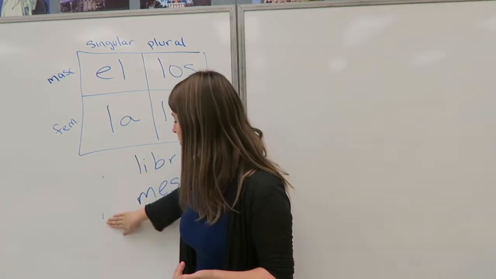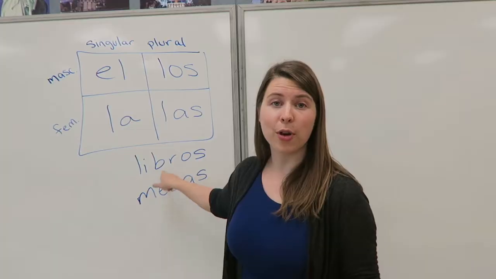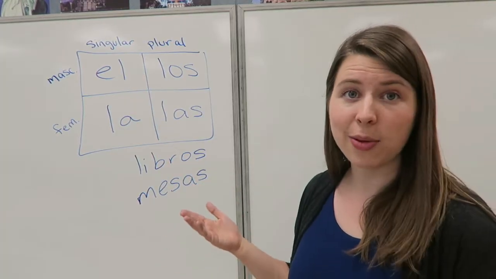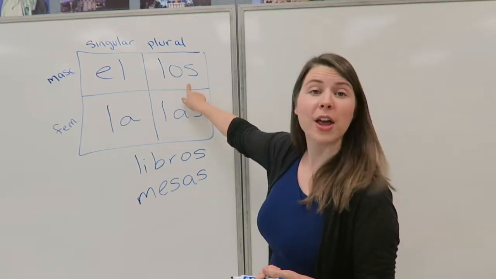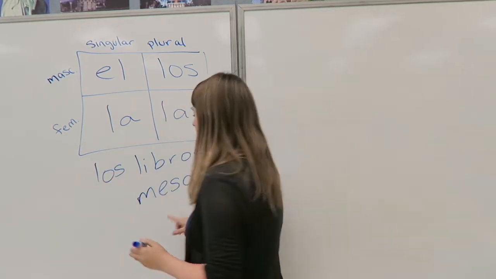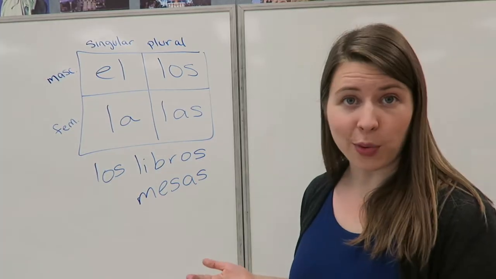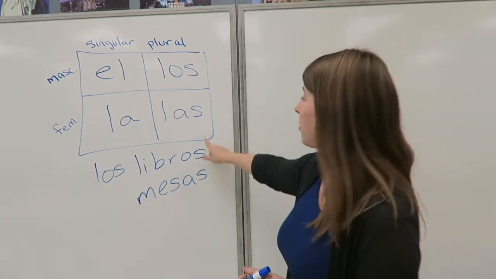So I'm going to get rid of those. Now, we had el for libro, so it's plural now, still masculine. It will become los libros. And for mesas, since it is still a feminine word, it was la before, this will become las.